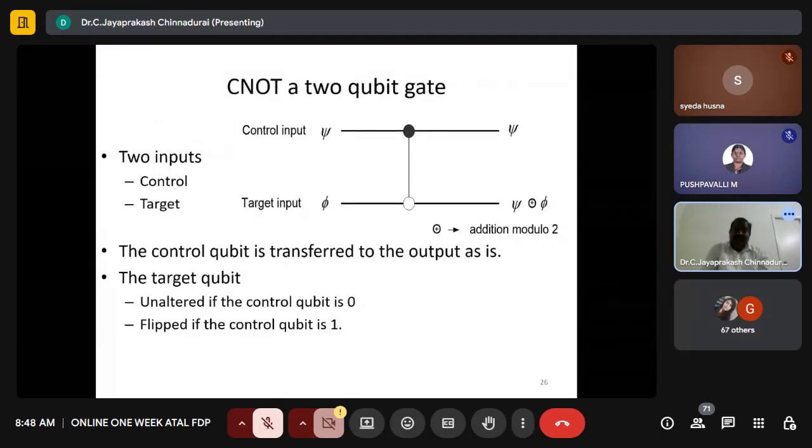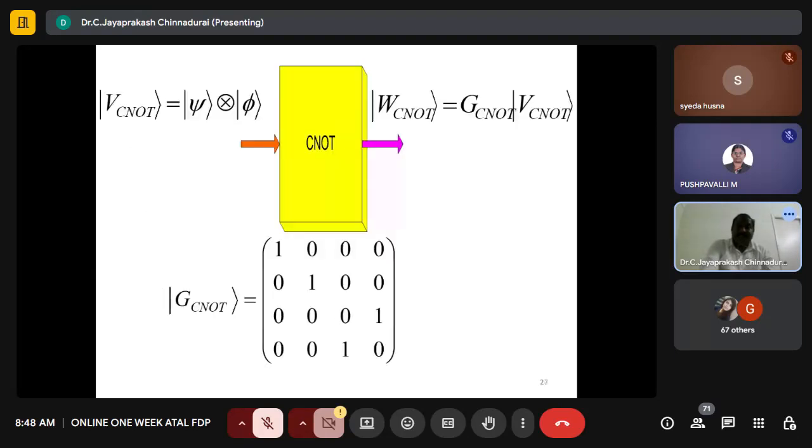The target qubit is unaltered if the control qubit is 0. It will be flipped if the control qubit is 1. We have discussed the same thing with the example also. If the control bit is 1, it will invert the input value of the target. That is the thing, and the same we can represent in CNOT.